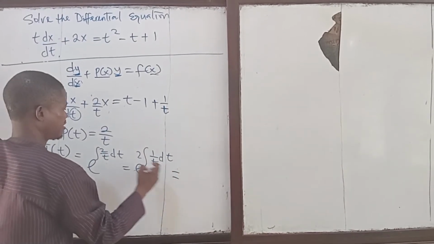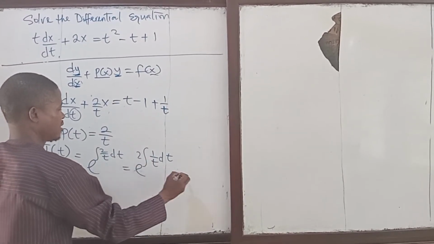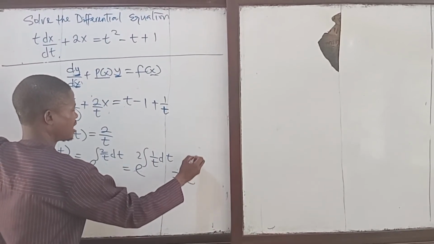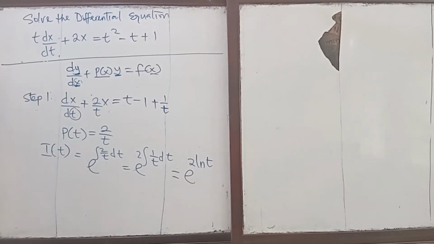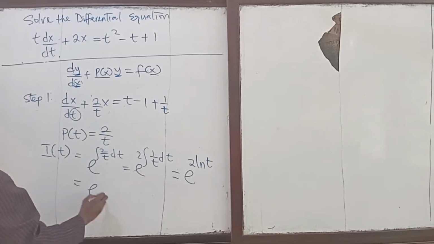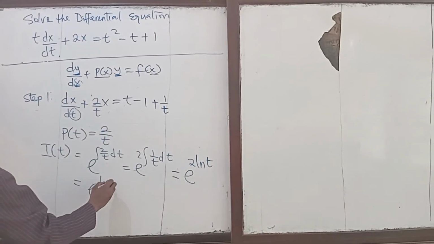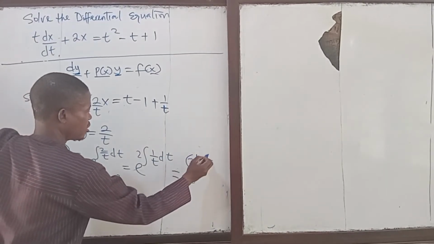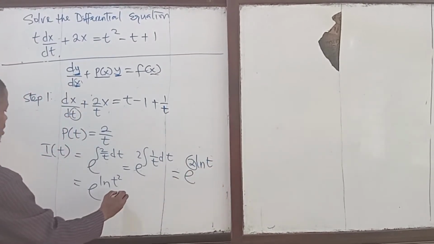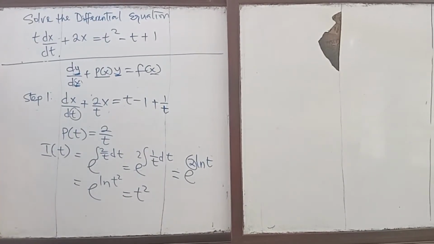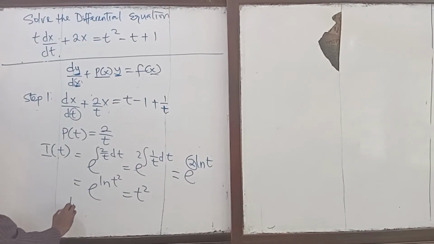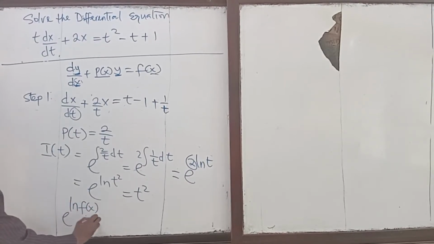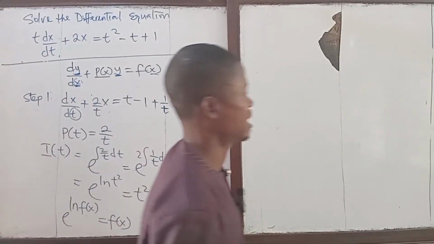If you integrate the exponent, you're going to have e to the 2 times natural logarithm of t, and that will be equal to e to the natural logarithm of t squared. The e and the natural logarithm cancel, and that will give us t squared as the integrating factor. Don't forget that e to the power of natural logarithm of a function gives us the function. That's what we have applied in that place.